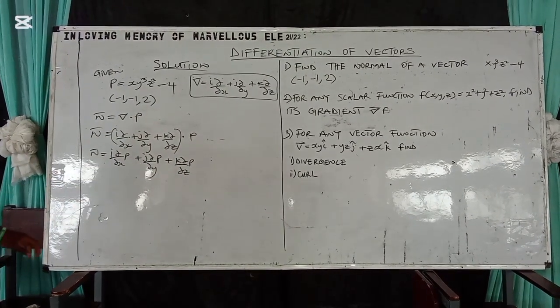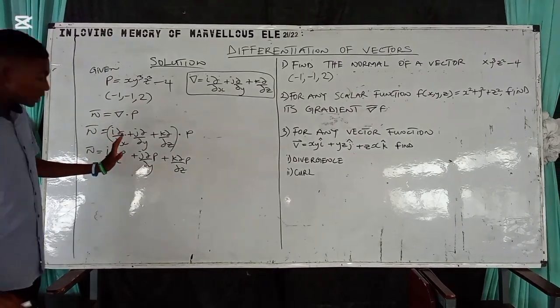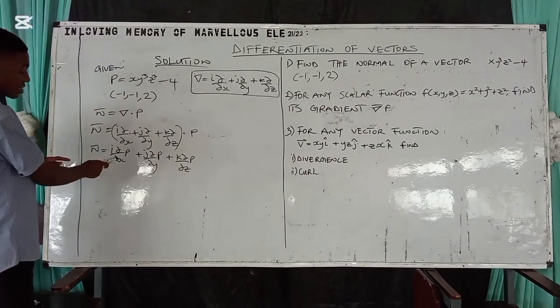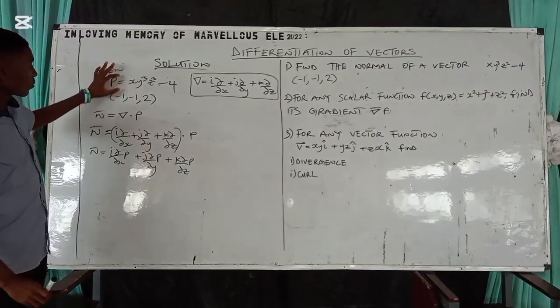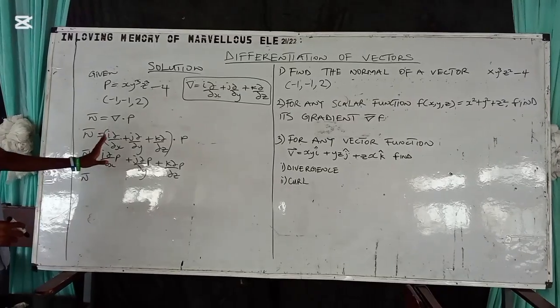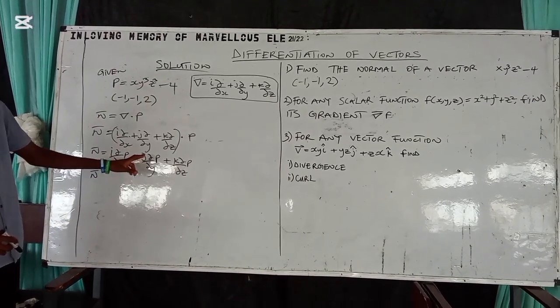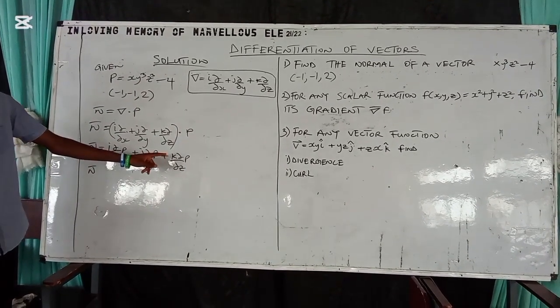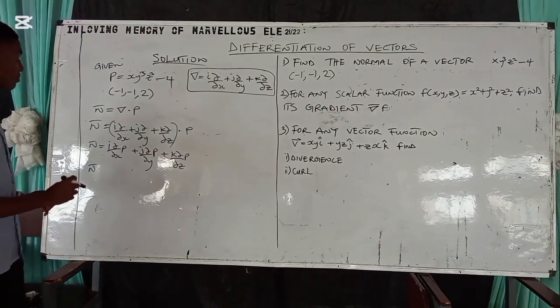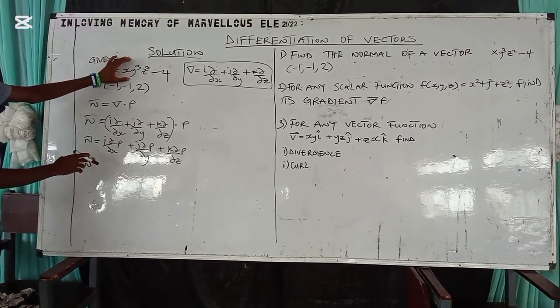This means for the i part, you differentiate your function with respect to x. For the j part, differentiate your vector with respect to y. And for the k part, differentiate with respect to z. We have gotten this formula, which is i partial with respect to x of p plus j partial with respect to y of p plus k partial with respect to z of p. So for the i part, you differentiate your p with respect to x.